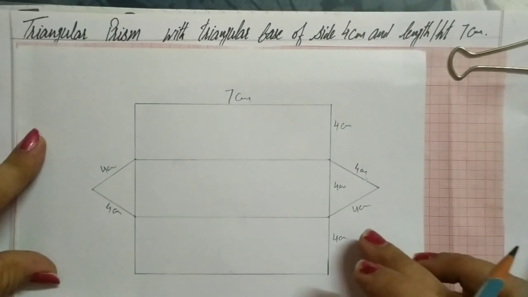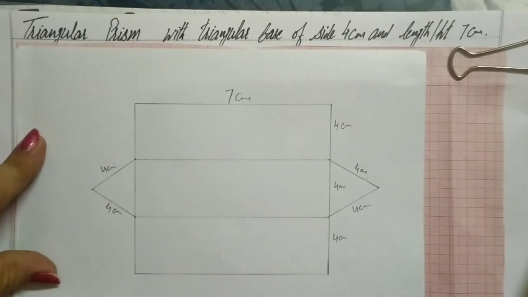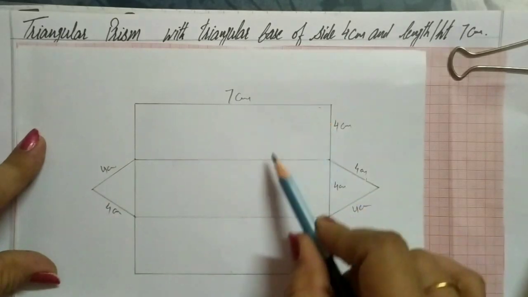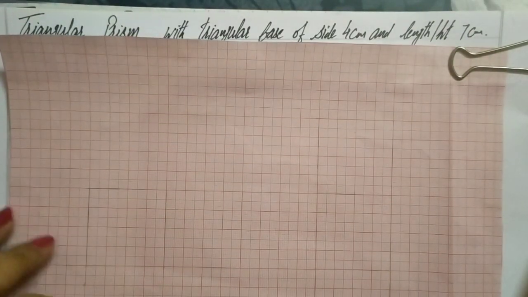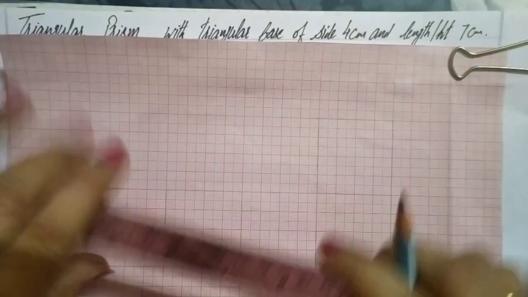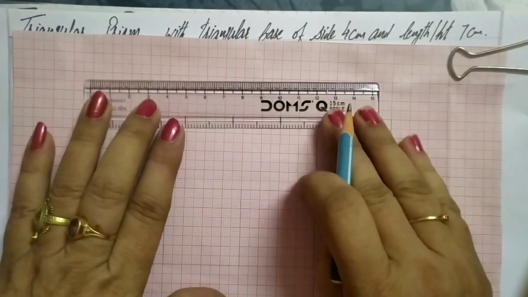Now we'll draw the net on a graph sheet. So what should be the length of each face? That is 7 cm and width should be 4 cm. Now let's draw 7 cm.